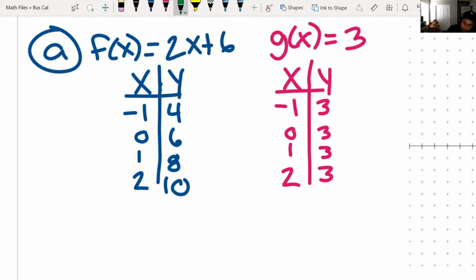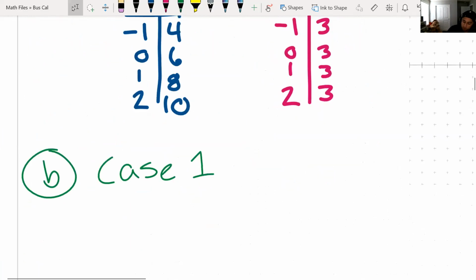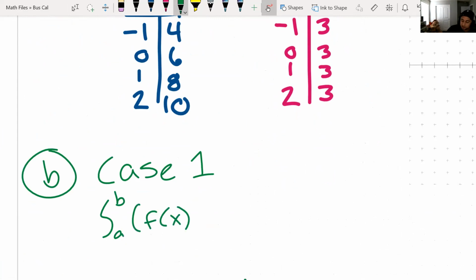So with that, I'm going to say B. This will be case 1, which means, again, we're going to use the integral from a to b of f of x minus g of x dx.